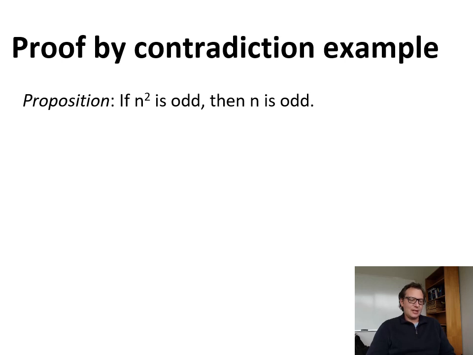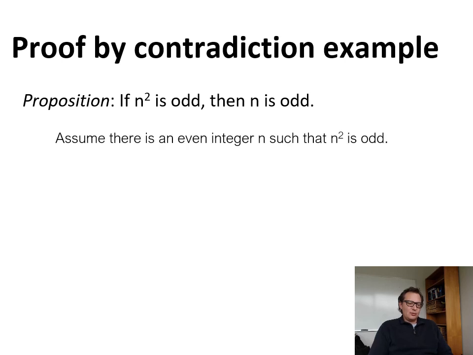Okay, so let's do an example. Let's say we want to prove that if n squared is odd, then n is odd as well, and we want to prove it using proof by contradiction. That means we have to assume, if you remember, that P and not Q holds. So we assume there is an even integer n such that n squared is odd.